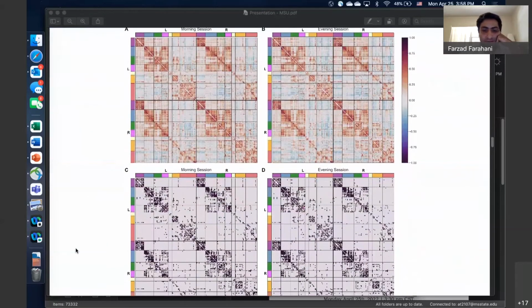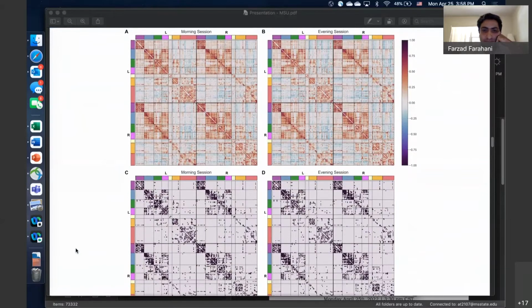Thank you, Dr. Tavi. This is again to show the functional connectivity. The top two figures are the correlation matrices for evening and morning, and the bottom two are the binarized ones after thresholding the correlation matrix. Inside the axes you can see some rectangles that show different systems inside the brain.